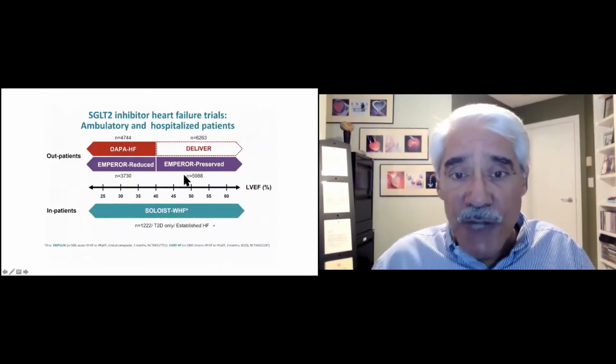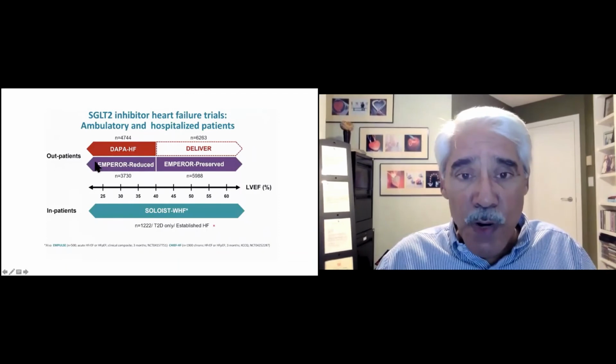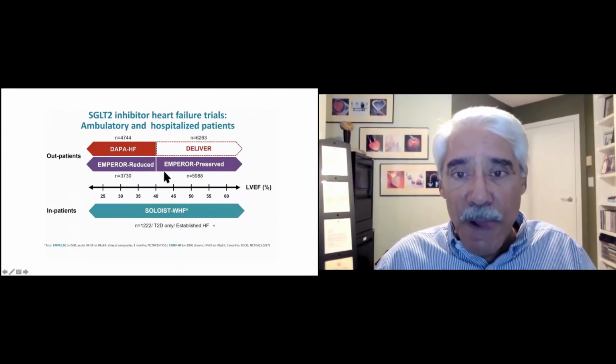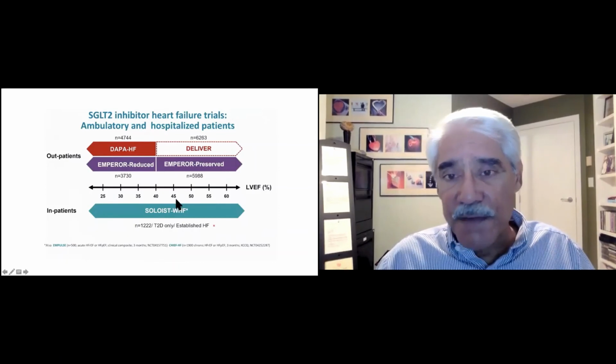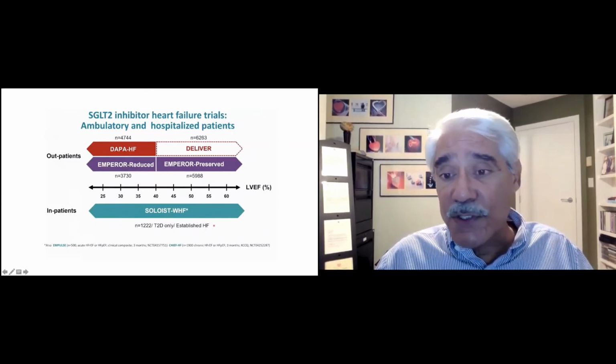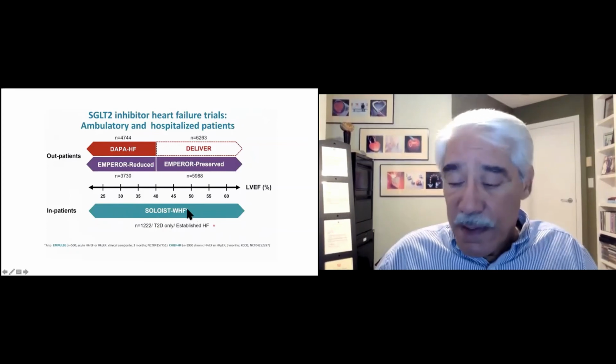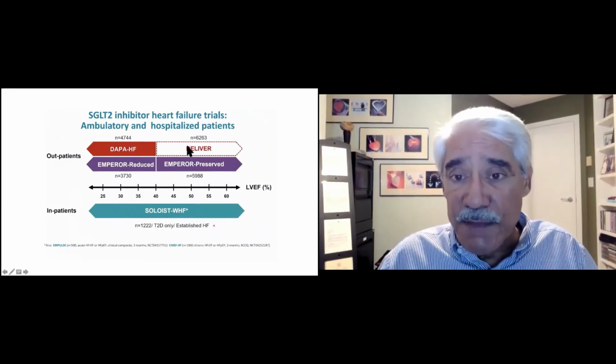And so now we have a situation with the SGLT2 inhibitors that they work in reduced ejection fraction heart failure, they work in preserved ejection fraction heart failure, and the SGLT2 and 1 combined inhibitor works across the spectrum of heart failure patients. We are awaiting the results of the DELIVER trial.